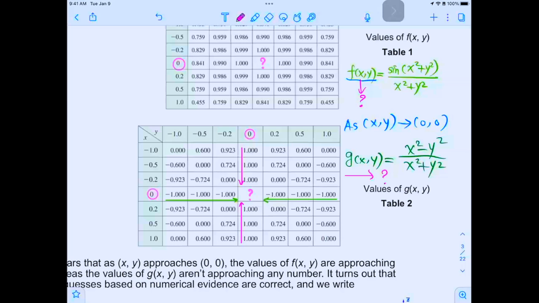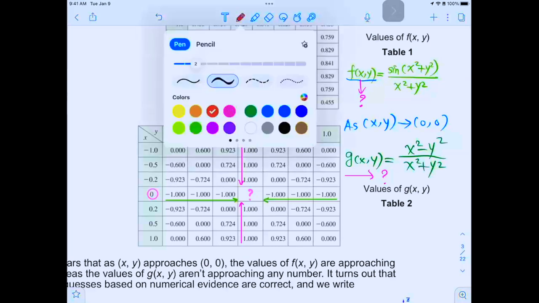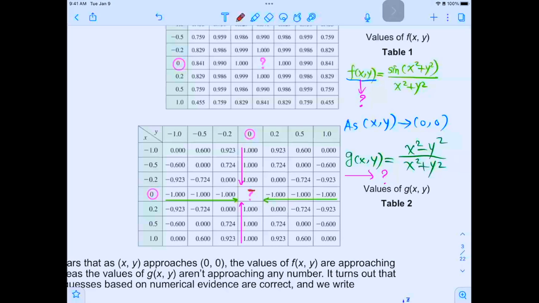What do you think, if I think about it that way, what number will I put over here? -1, right? So maybe I should put a -1 there. Looks like this one is -1.